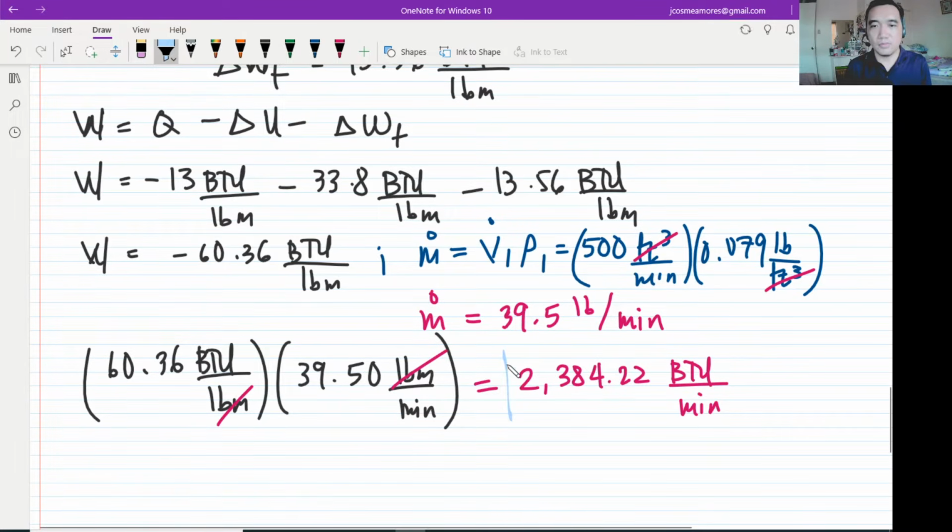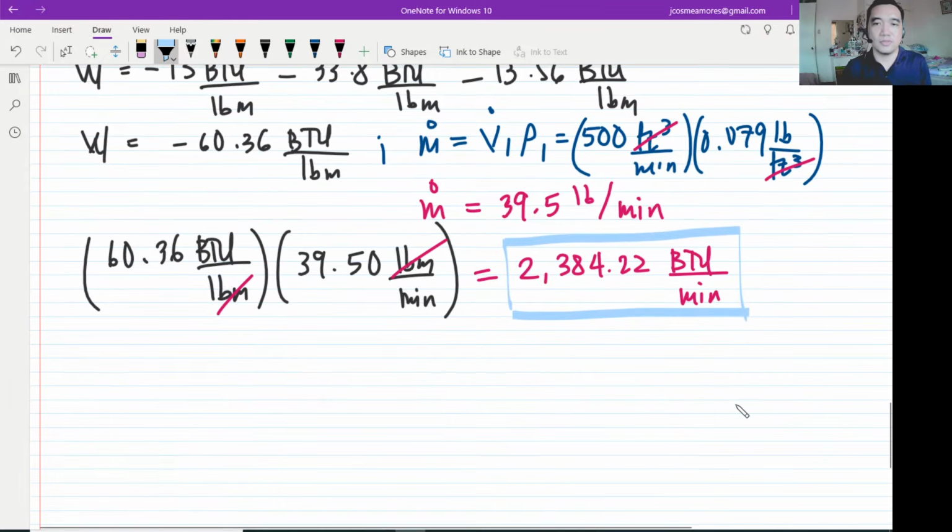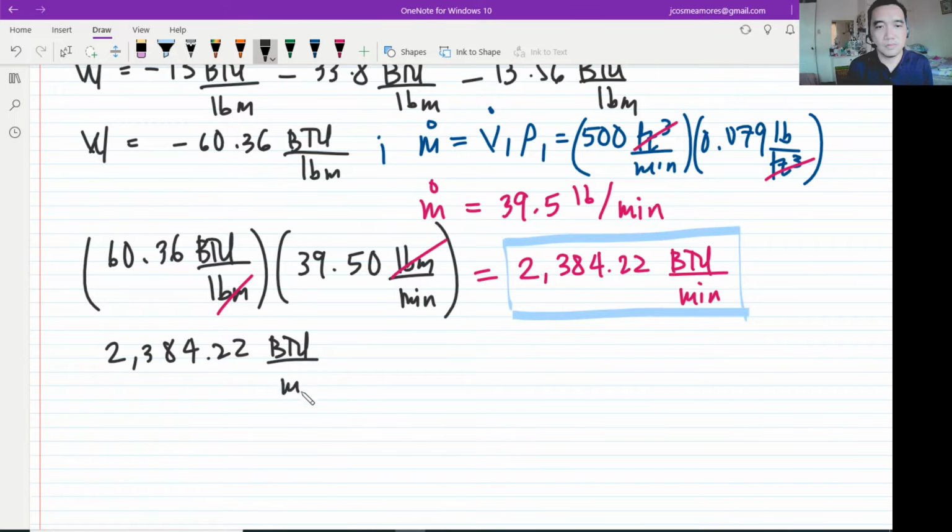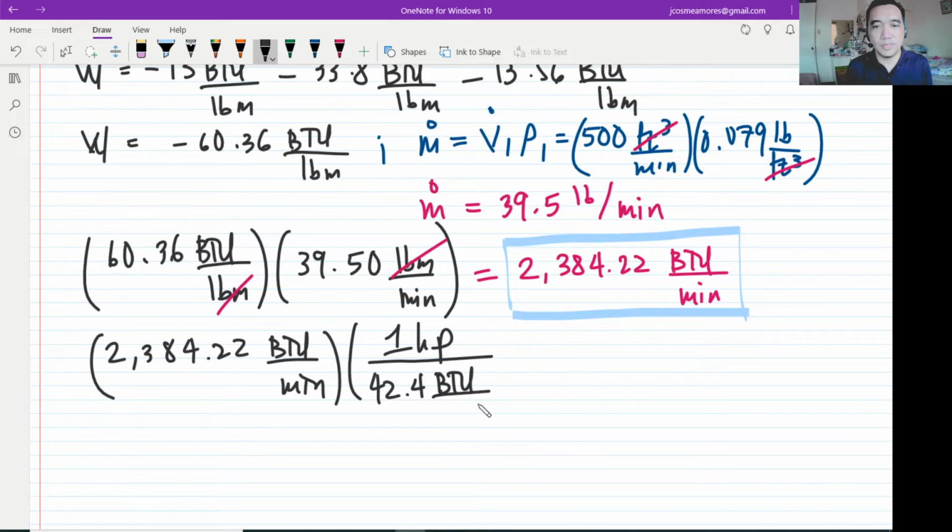So how about the work in horsepower? We will have a conversion of BTU per minute to horsepower. So 1 horsepower is 42.4 BTU per minute.